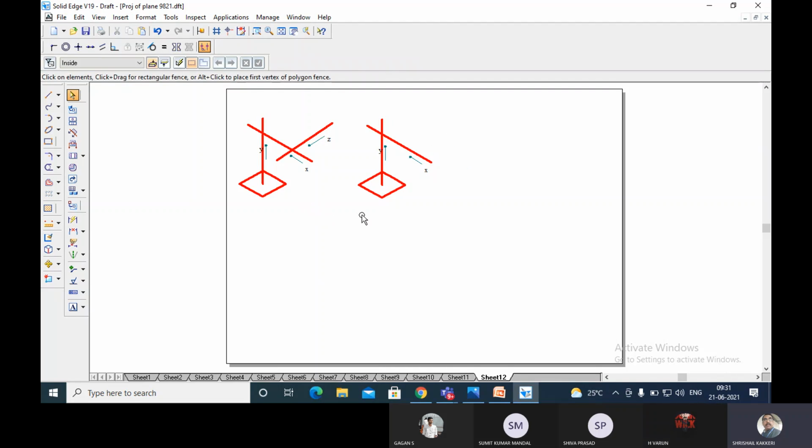This is Cartesian, this is cylindrical, and another one is the spherical. How can you write the spherical or polar coordinate system? You can write it like this. Look here.